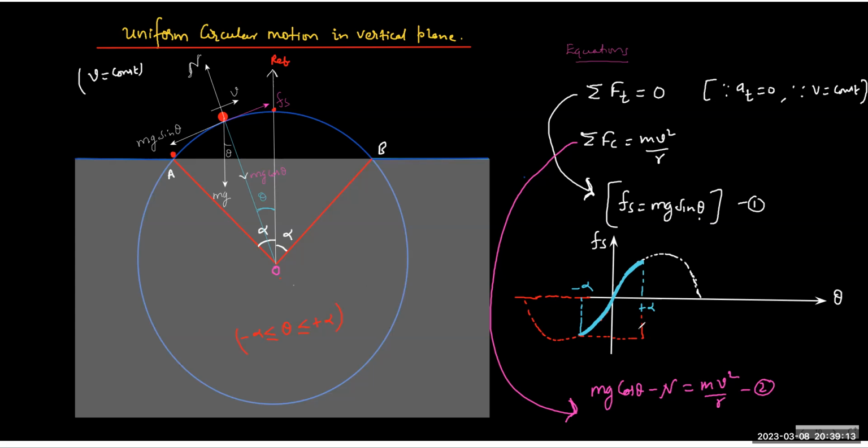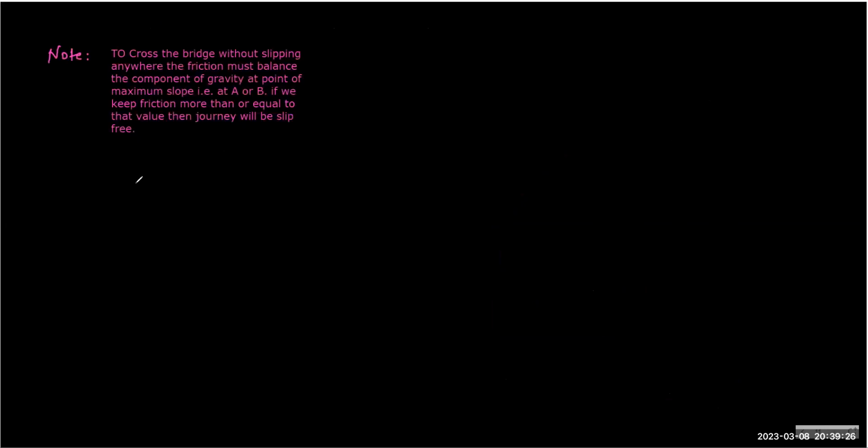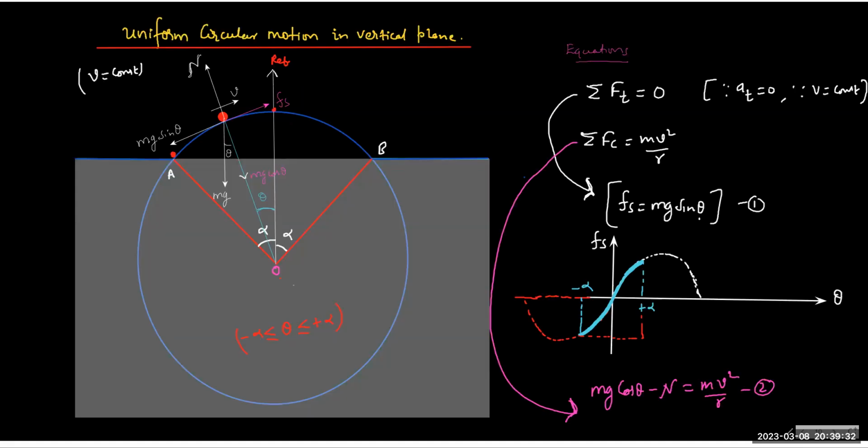So one is the condition to have zero tangential acceleration, and two is the condition to have the circular motion. Very good. So now two implies what is N? N is how much? Mg cos theta minus mv square by r, right?